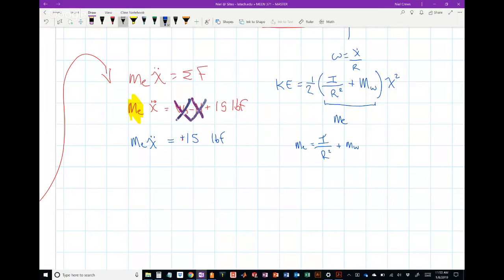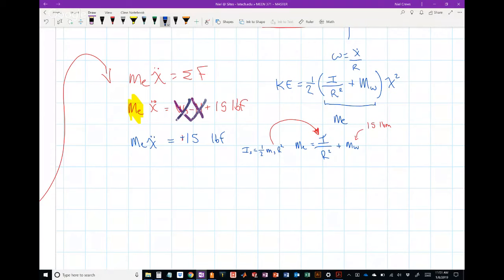And we know that this is the 15-pound mass. Now we can look at this I. That's going to be the moment of inertia of the spool itself. So this I of the spool is going to be 1/2 m of the spool r squared.